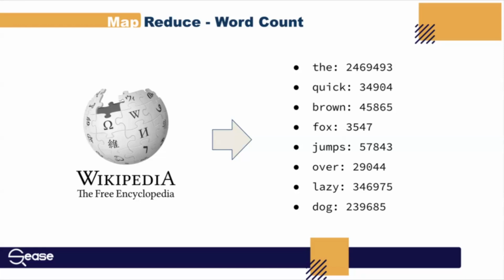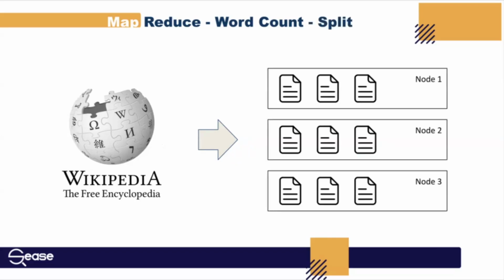But how about if you have to calculate the word count for all pages in Wikipedia? Where the word, I don't know, "quick" is stored, in which pages, where these pages are stored, and where are the nodes where this page is stored. So there are many other problems we need to face. And that's why MapReduce is useful.